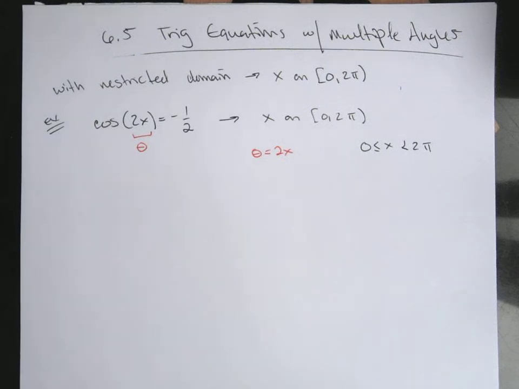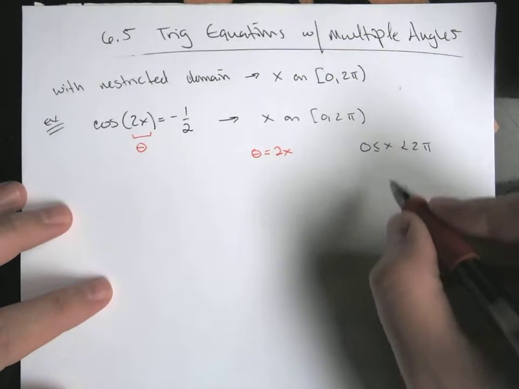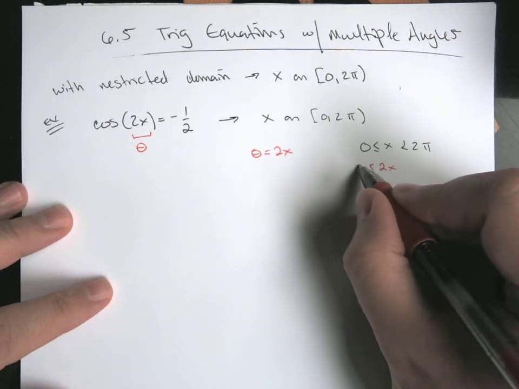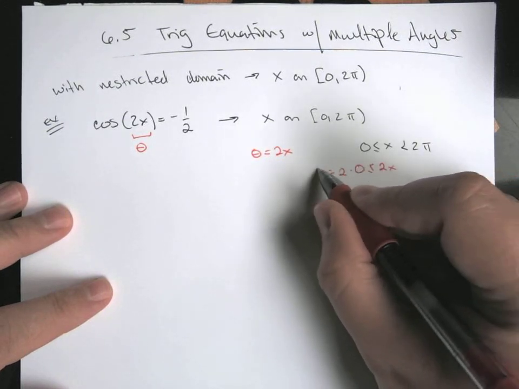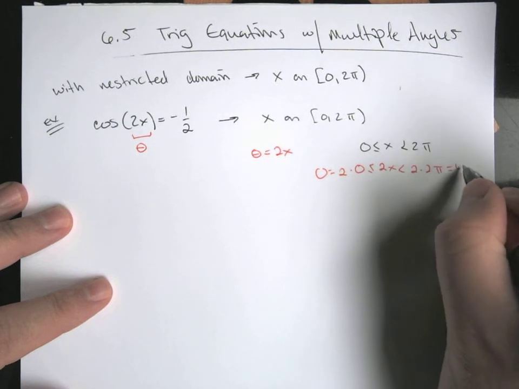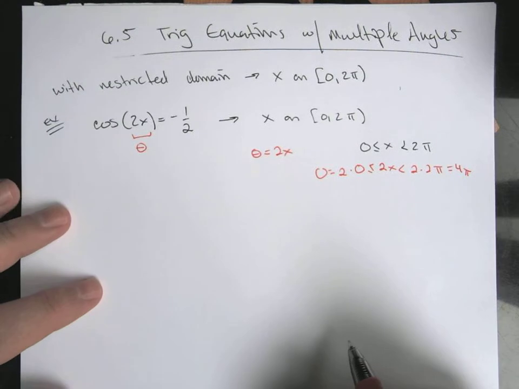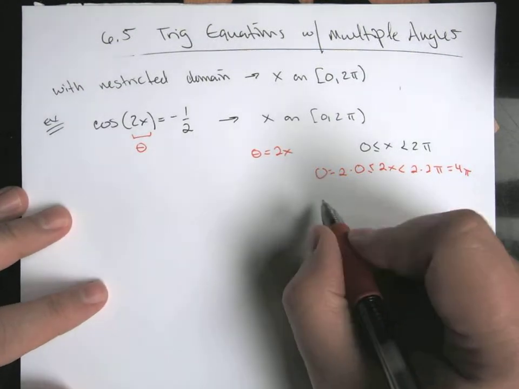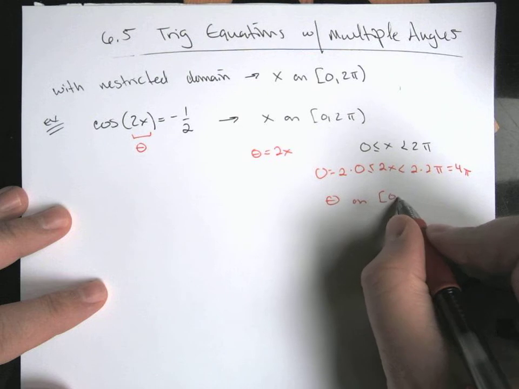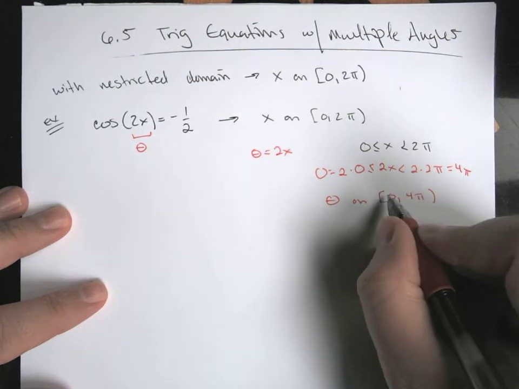The actual angle going into the cosine function is double x, 2 times x. Well, 2 times 0 is 0. 2 times 2 pi is 4 pi. So what that means is my theta is really on 0 to 4 pi.